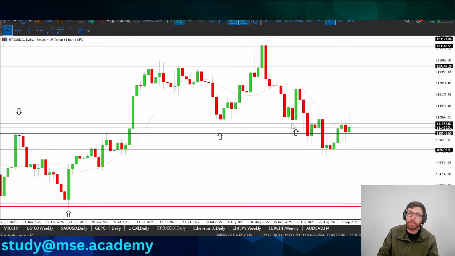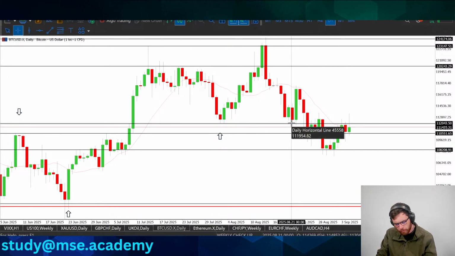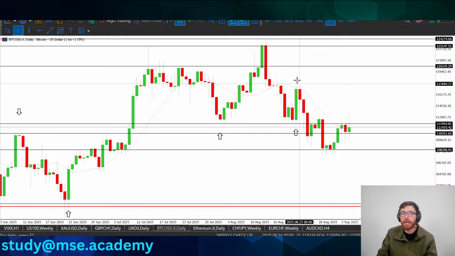What do we have? We have pullback to 112. So that pullback to 112 was important. Why? Because we had a fake out. So fake out engulfing, fake bullish engulfing, all the way up to what level? 117.